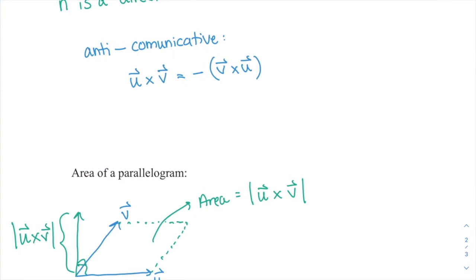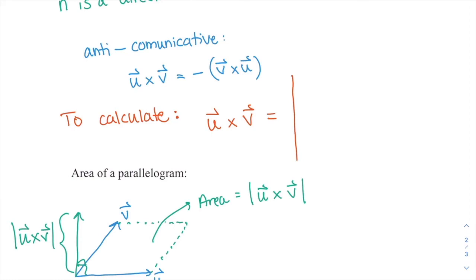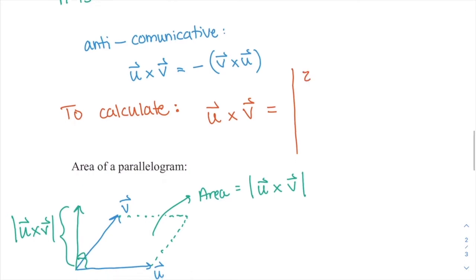So to calculate, we get U crossed with V is equal to the determinant of a 3x3 matrix, where the top row is your three unit vectors in the I, J, and K directions.